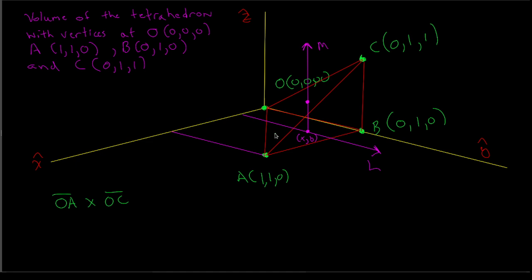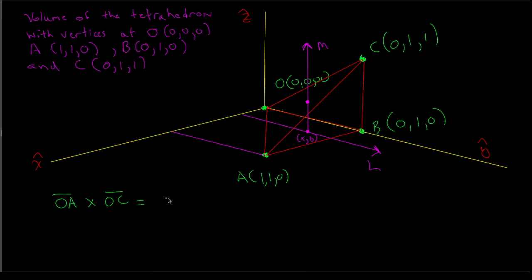And let's see, so OC, from the origin to point C, is 0, 1, 1. And from the origin to point A, forming these two vectors here, which also define the plane.